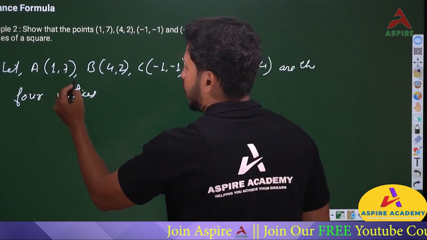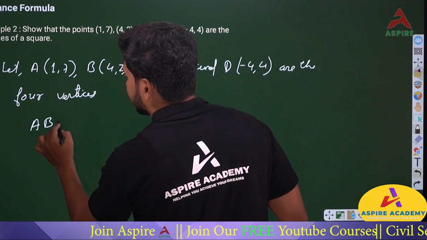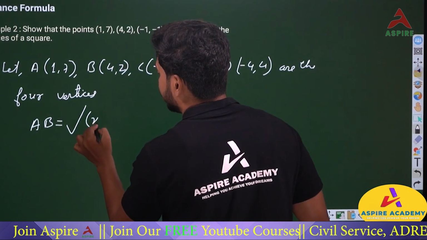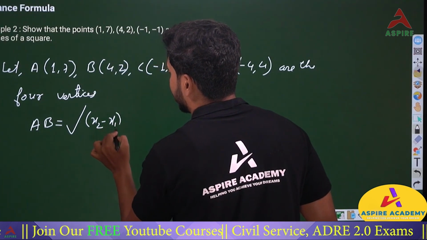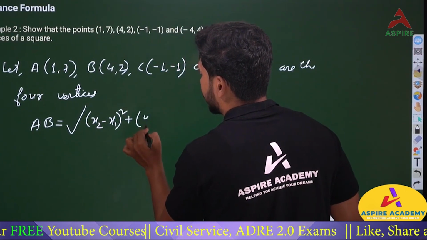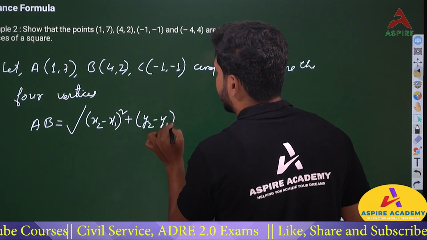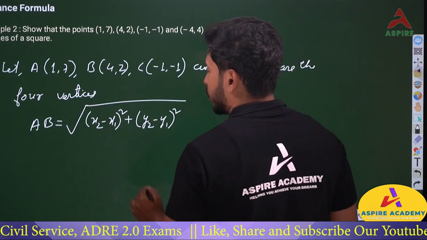First of all, AB. The formula is the square root of (x2 minus x1) whole square plus (y2 minus y1) whole square, right?